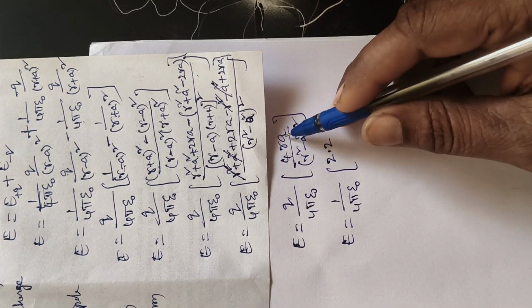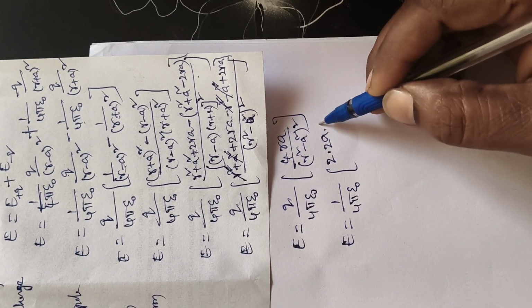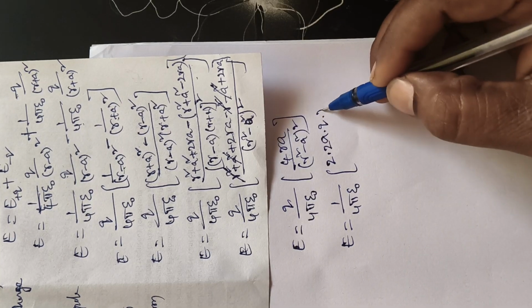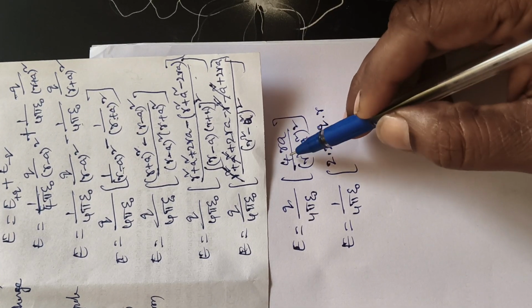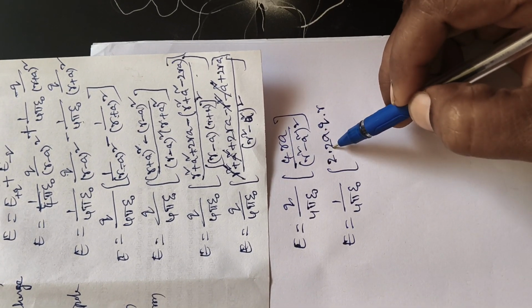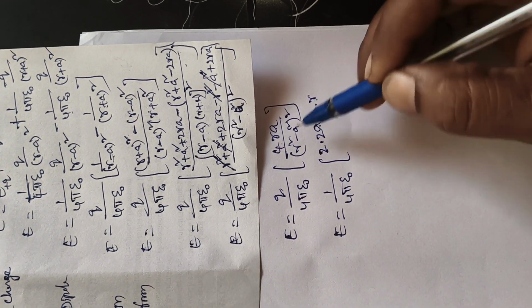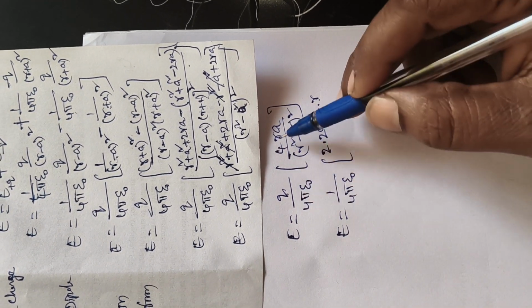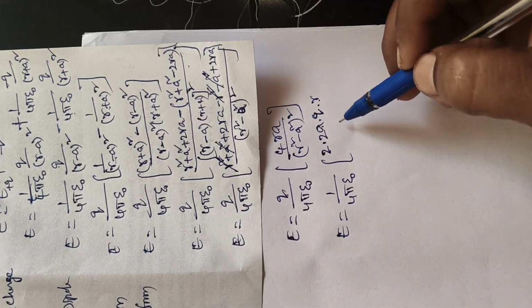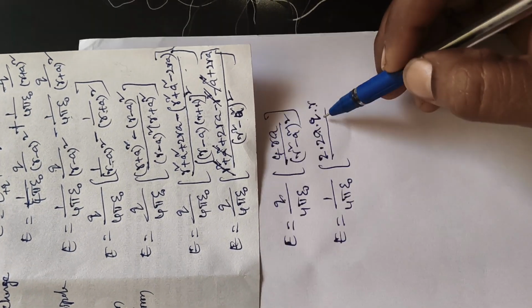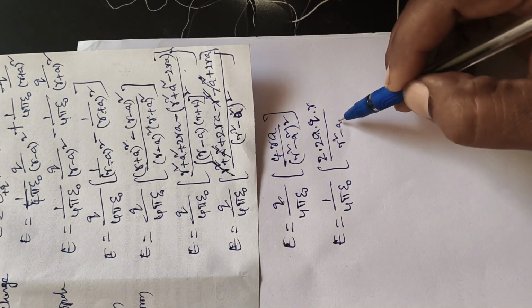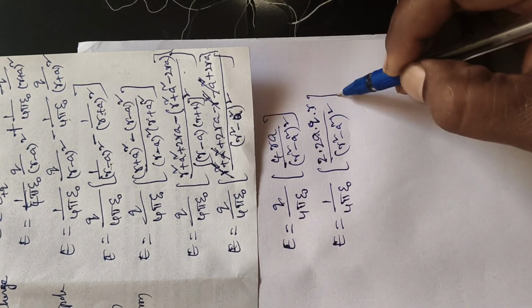So 2, already A is there, A into Q into R. Once you observe here, 4 is written as 2 into 2. A is same as it is, R is same as it is, but Q is outside, keep it inside, that is Q. Divided by (R square minus A square) whole square.